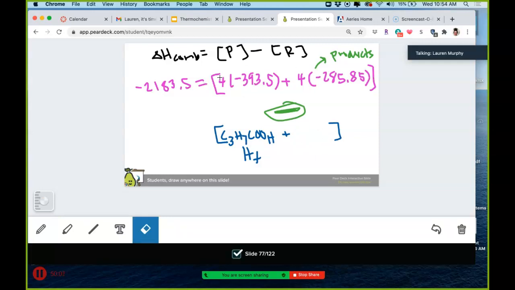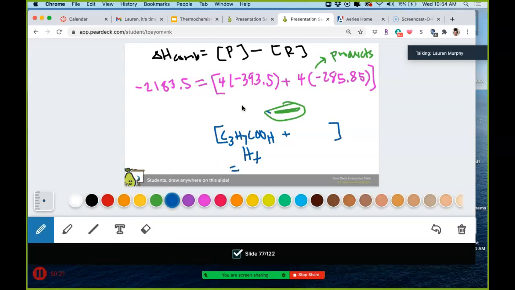So rearrange. Calculate this entire top number, move it over here, okay? And then you're going to end up with, again, an opposite of the HF value of butyric acid. So then you'll have to move the negative sign over, whatever this math comes out to be.